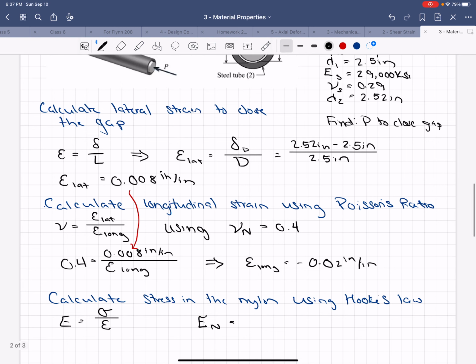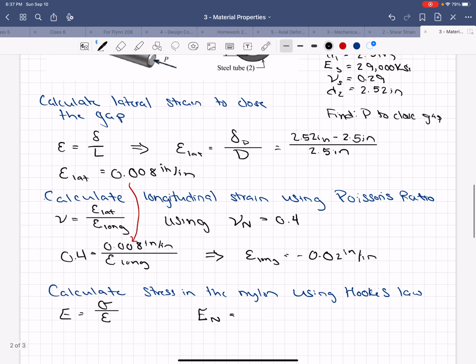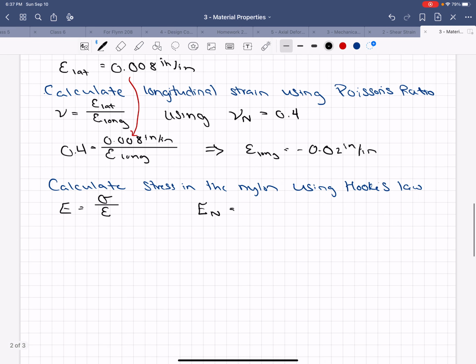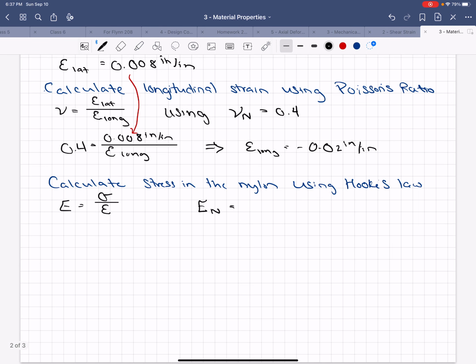So E of the nylon equals 360 KSI. Then we plug this longitudinal strain in there, and we can solve for sigma.